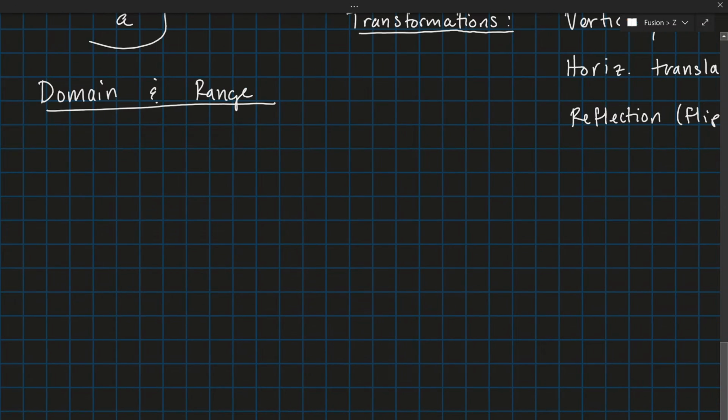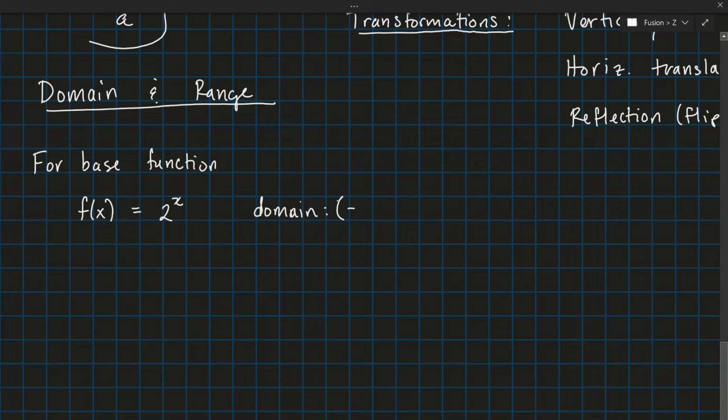So for the base function, let's say f of x equals 2 to the x. Our a doesn't really matter because it's not going to change the domain or the range. So the domain is all x, like you said, which we would write as negative infinity to positive infinity.